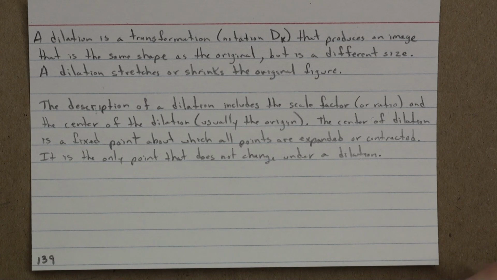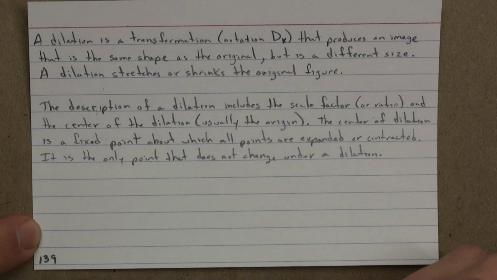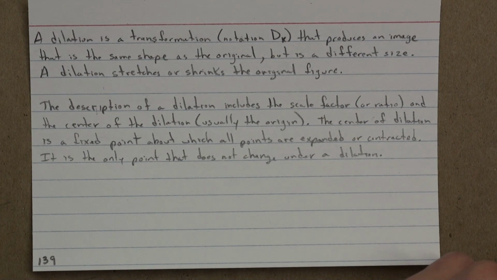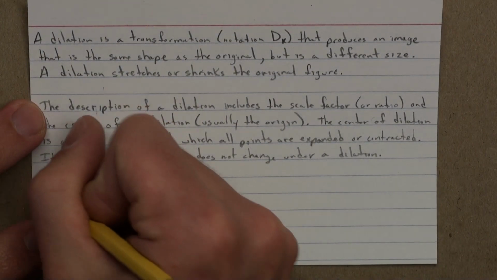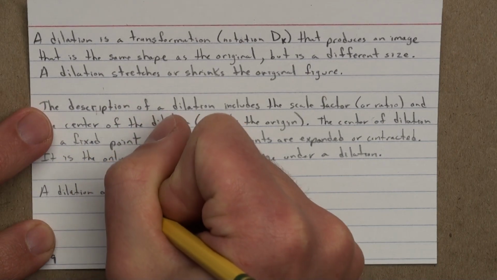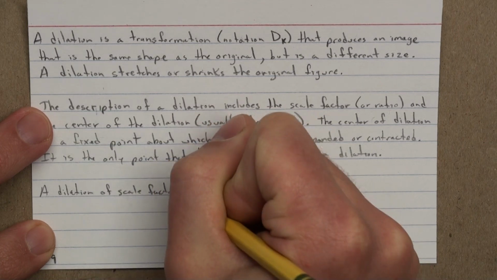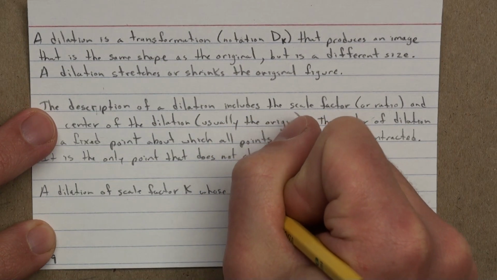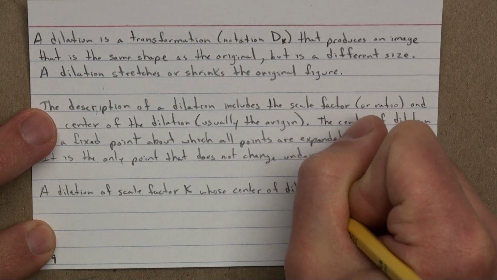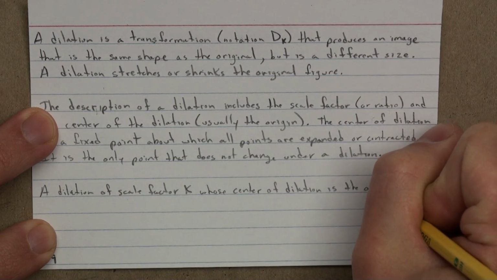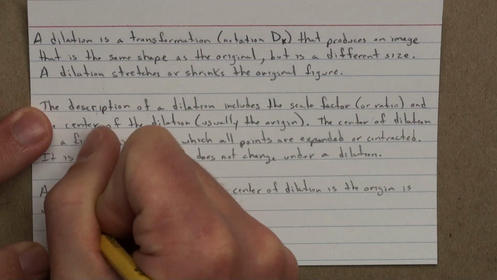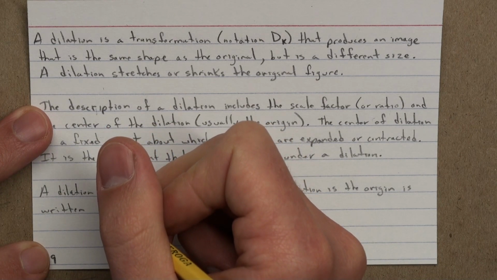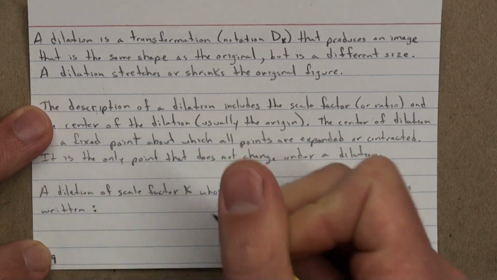A dilation of scale factor k, whose center of dilation is the origin, is written like this.